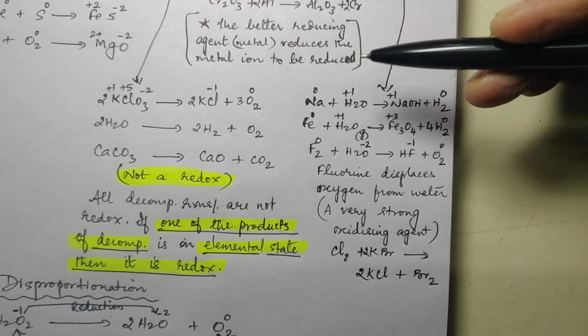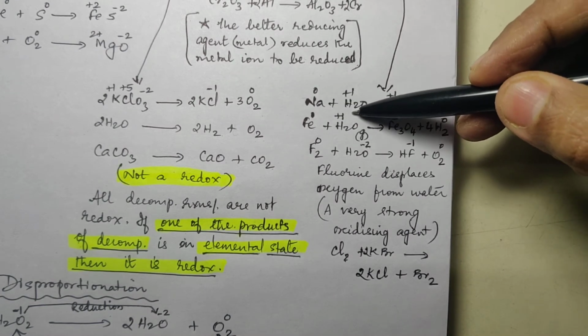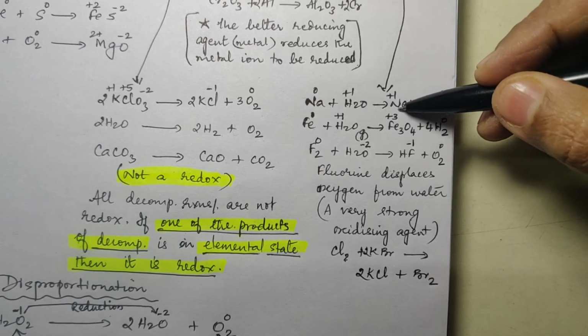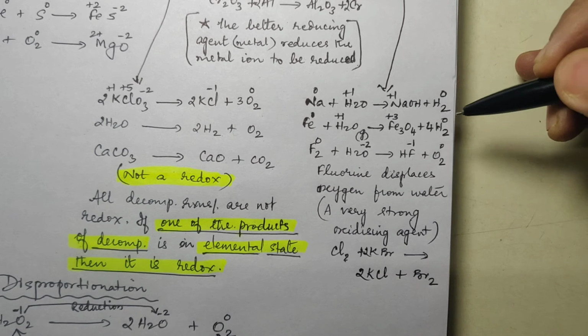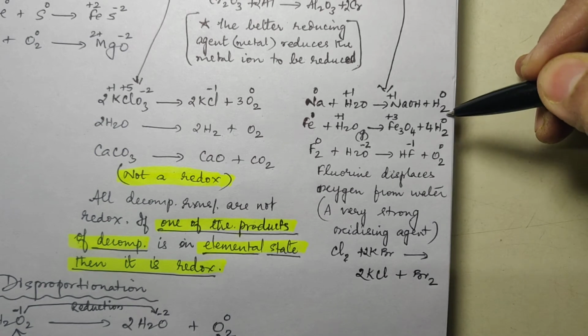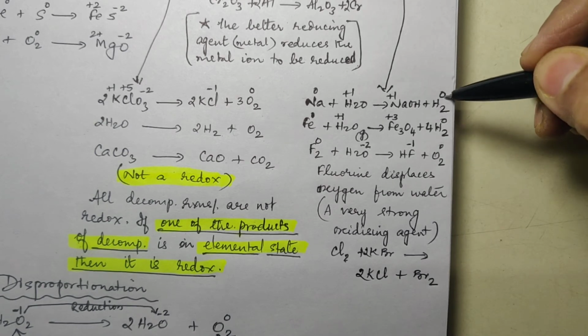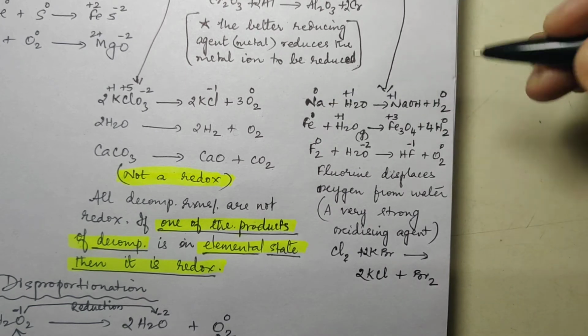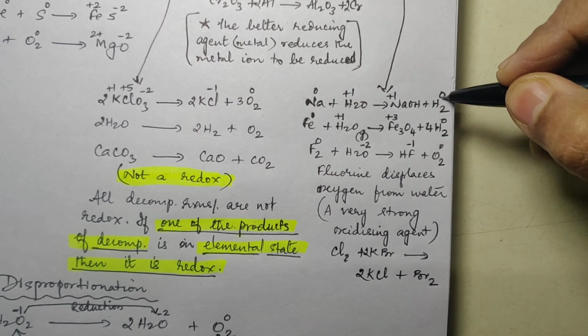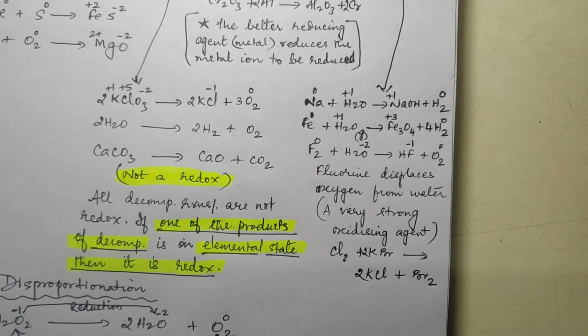Na is in the 0 state, hydrogen is in the +1 form, and Na has become NaOH, so it now has +1 state, and hydrogen is in the elemental form, so its oxidation state is 0. So 0 to +1 is oxidation and +1 to 0 is reduction. So this is a redox reaction, right? Okay, now how do you say it is non-metal displacement?